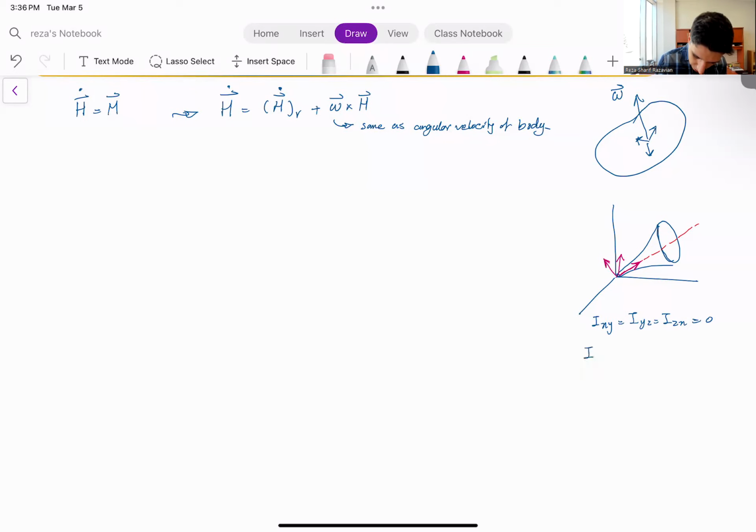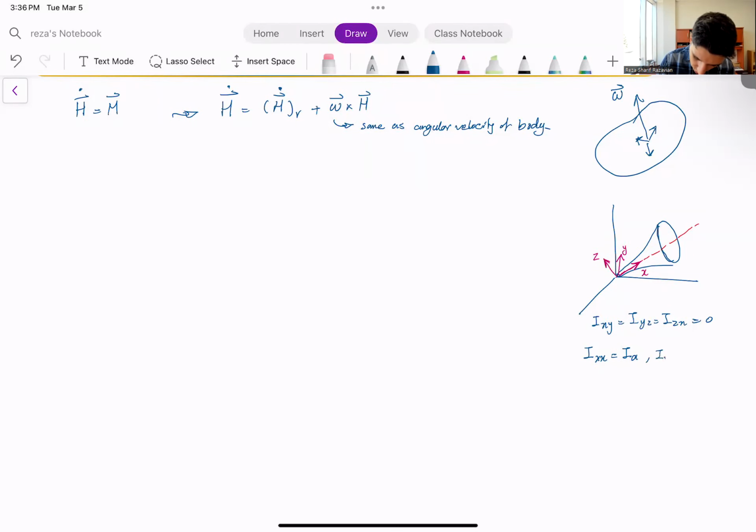And for the moments of inertia, let me label this one as x, the important one, this one y, and this one z. So Ixx, which is about the axis of symmetry for this body, let's call Ia for axis.